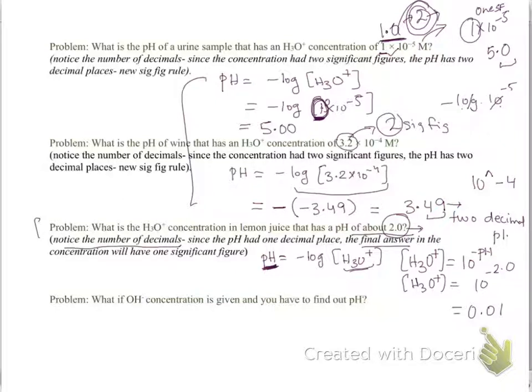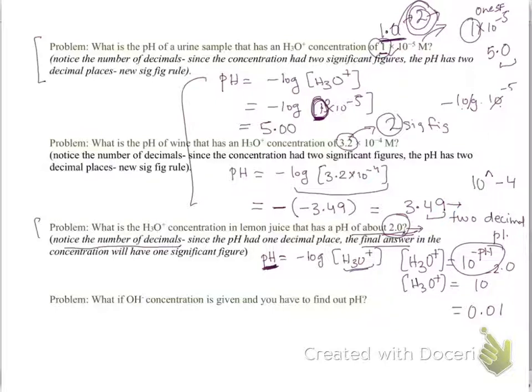Think about it. Before, we looked at how many significant figures there are and then put that many decimal places. In this case, since we are doing it opposite, we look at the decimal places, and then we have that many significant figures.